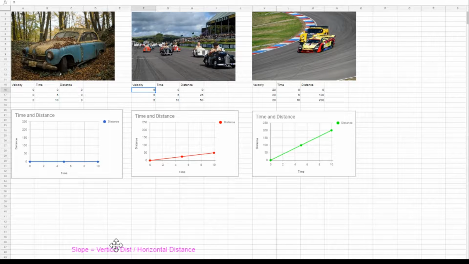In this case, the vertical distance on this chart is the distance, it's meters. The horizontal distance on this chart is time, which is seconds. So the slope, if we just calculate it for this kind of chart, is meters divided by seconds, which is meters per second, which is a velocity.